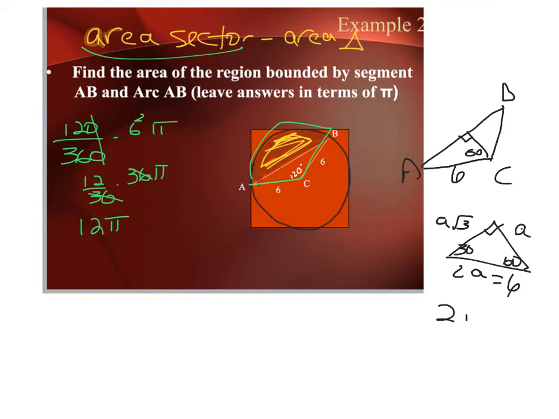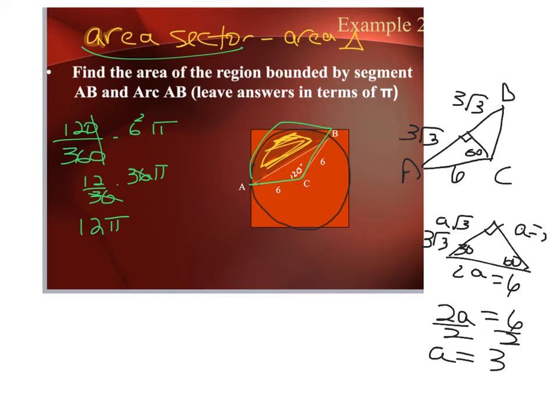I need to solve for A, divide it. My A equals 3. So this leg over here is going to be 3 root 3. So over here I got a 3 root 3 and a 3 root 3. And then I know A, the height of it is 3.